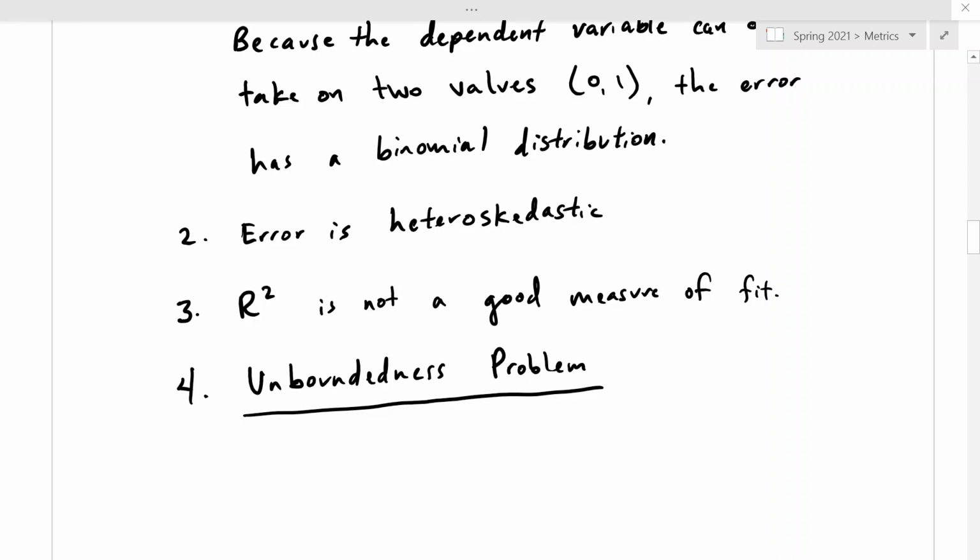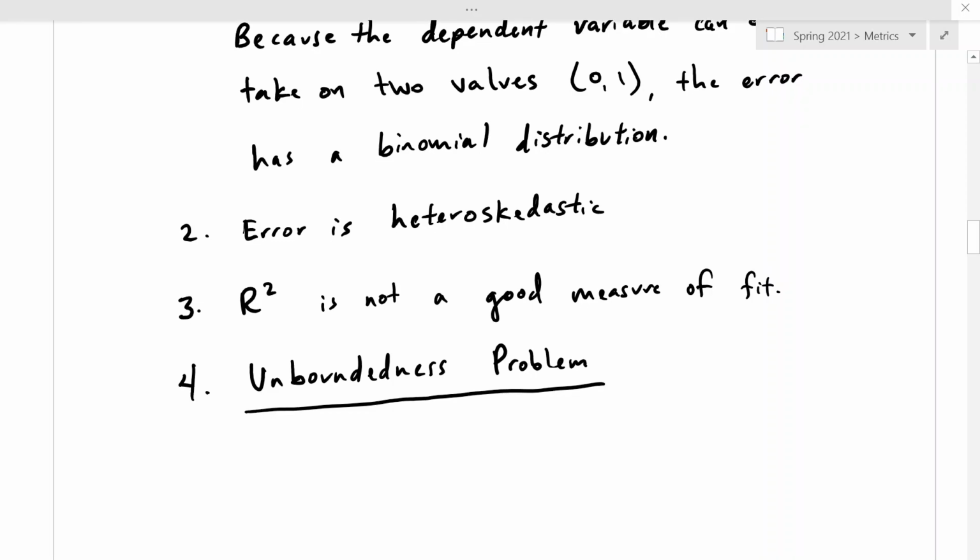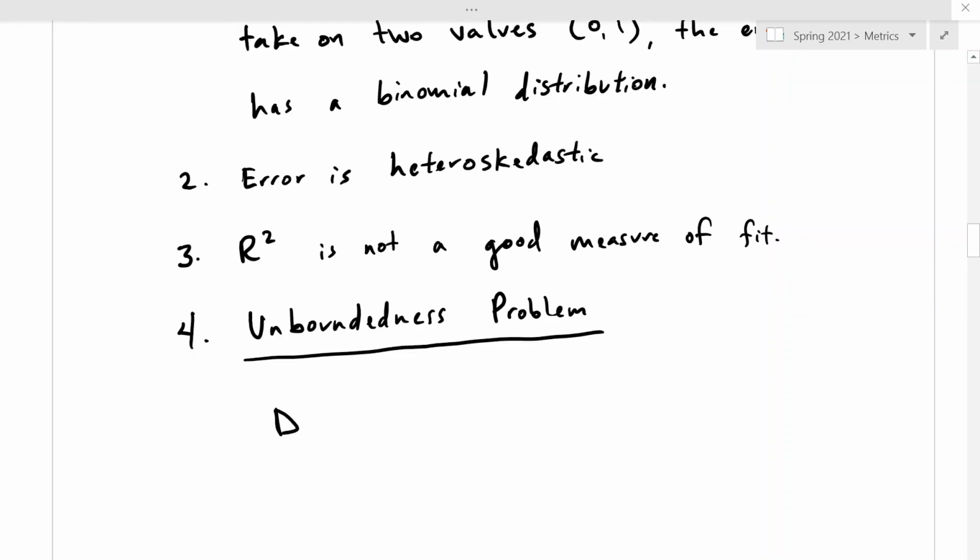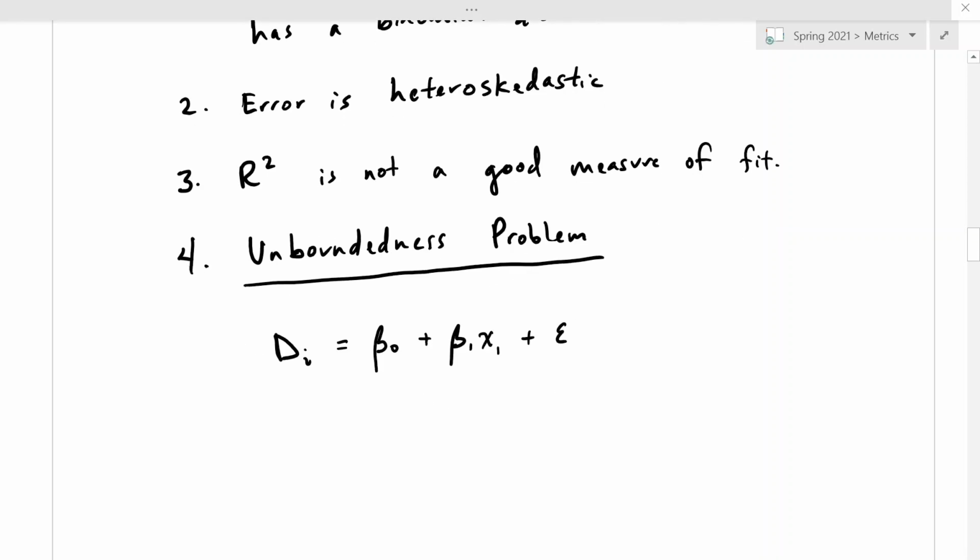So let me explain a little bit more about this. Remember, we're going to use this simple model where di is our indicator variable, theta 1, x1, plus the error term.